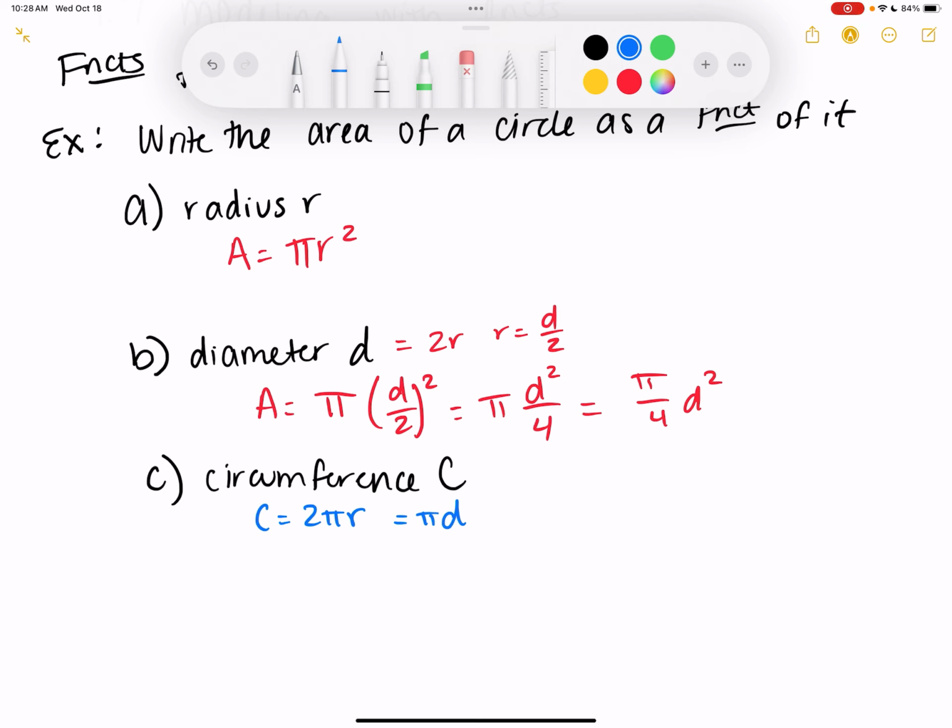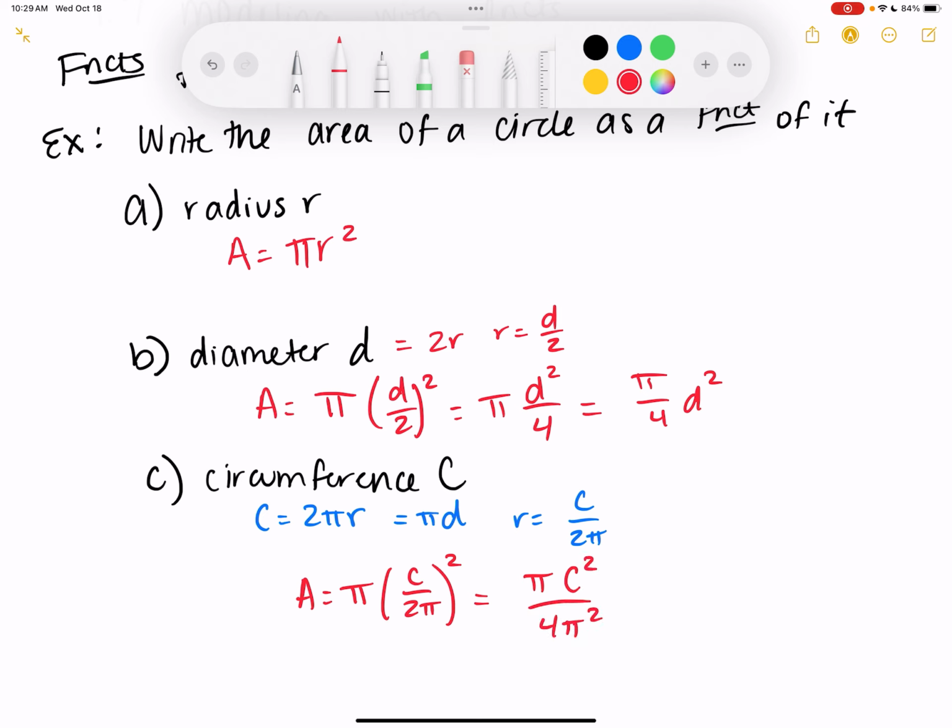So r is going to be equal to c over 2 pi. Now, from r up here, I'm going to replace that with c over 2 pi. So a equals pi times c over 2 pi, squared, which is pi c squared over 4 pi squared.